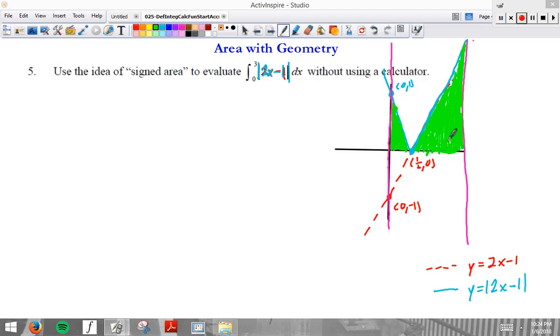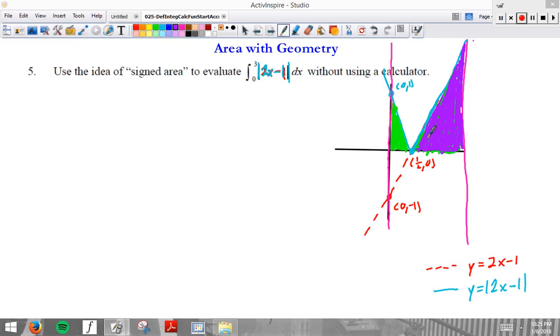So, I don't have a good way of getting the area of this bow tie type shape. But what I do have a good way of doing is getting the area of both of these shapes individually.